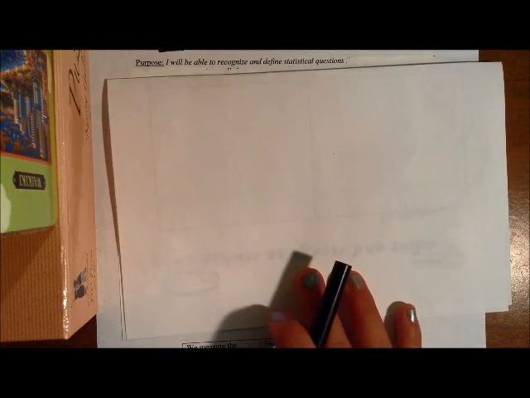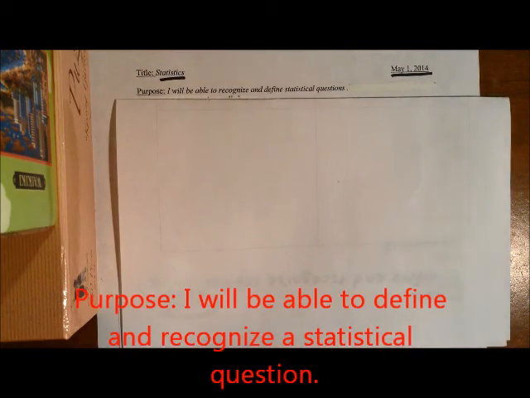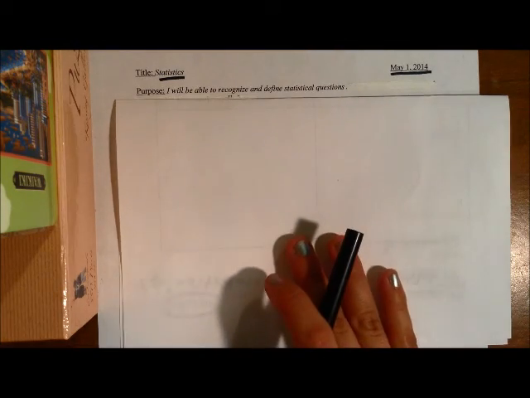The purpose of today's lesson is that I want you to be able to recognize and define statistical questions. So before we start learning about the statistical questions, there are some academic vocabulary we will have to go over.